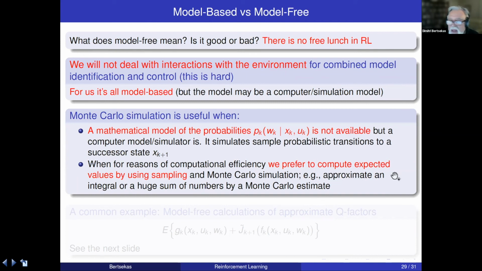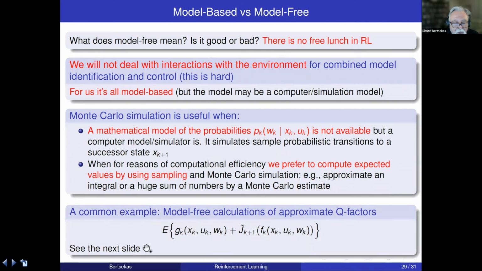Similarly, if integrals are involved, people often use Monte Carlo integration to approximate a difficult-to-compute integral by sampling. This also happens in a number of contexts, and that's another context where Monte Carlo simulation is useful.